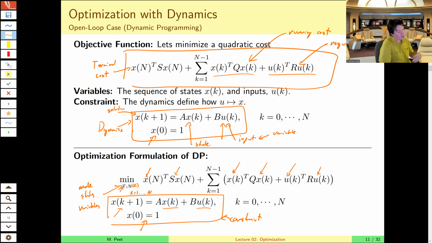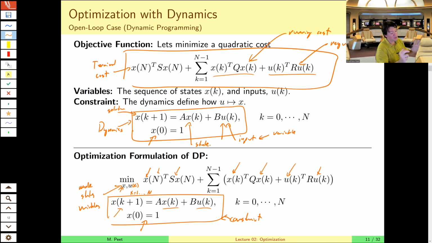So we can formulate this optimal control problem, trying to find an input which minimizes the cost of the state, as an optimization problem. But one with lots of variables. If n is the number of time steps, then it's the dimension of x plus the dimension of u times n.